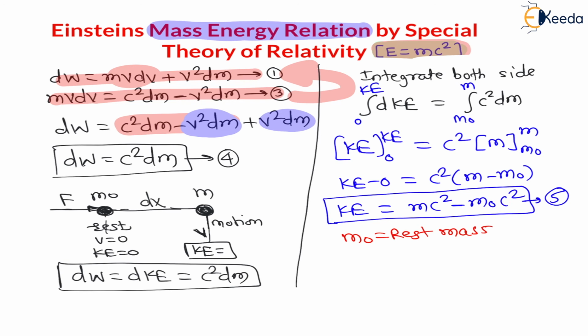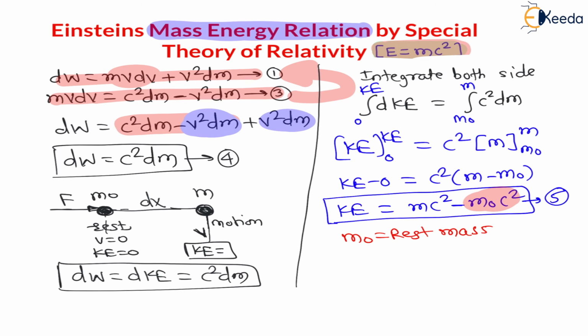Don't worry about that. Whenever mass is at rest, the mass possesses only and only potential energy. Are you understanding this? Therefore, this quantity m0 c square is nothing but potential energy.